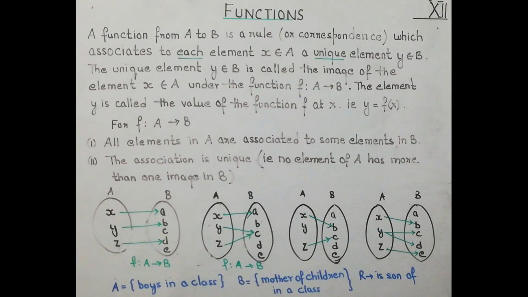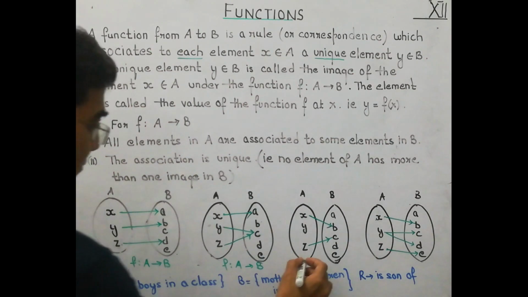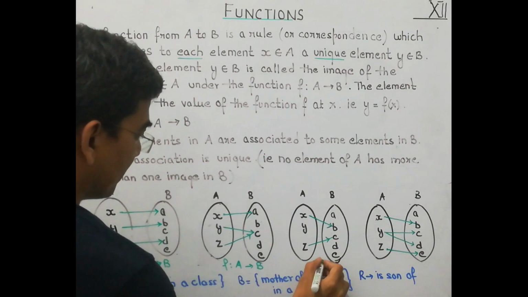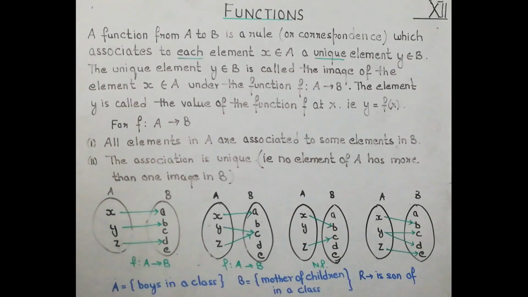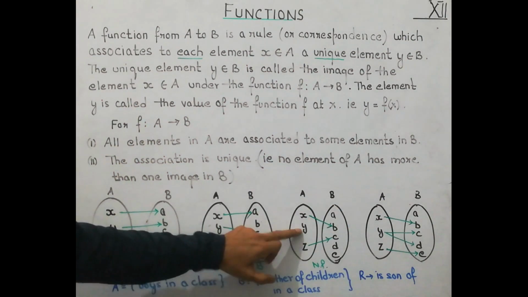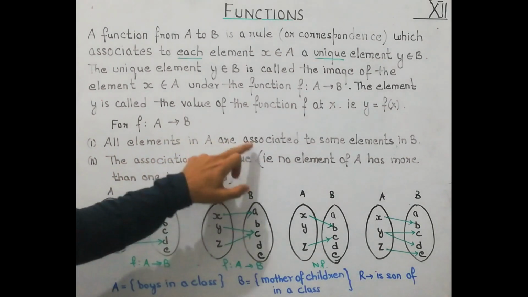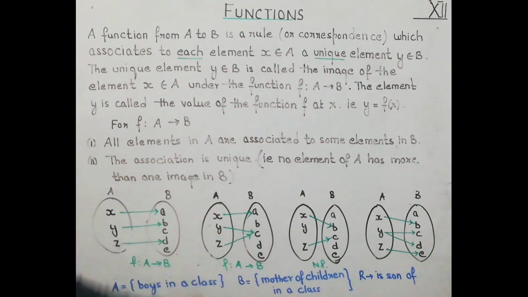Each element of set A should be related with an element of set B. In the third relation, one of the elements, Y, has not been related. So this is not a function. All elements in A are to be associated, and one element has been left out.